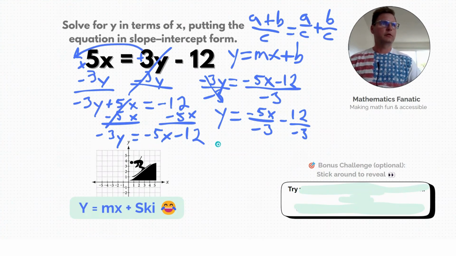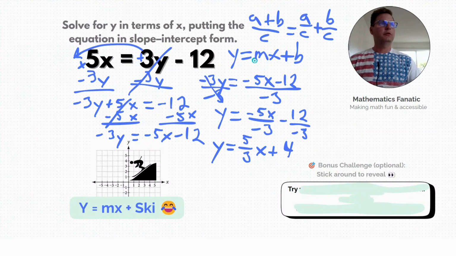Okay, next step. So a negative and a negative becomes a positive, right? Let's cancel each other out. So we just have y equals 5/3 x. And then we have a negative 12 divided by negative 3. So negative divided by negative is a positive, and then 12 divided by 3 is 4.